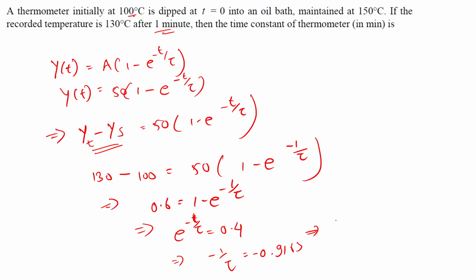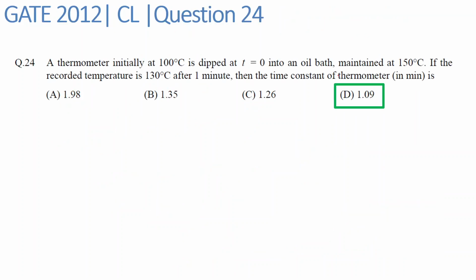So this will give us tau is equal to 1.091 minutes. So the time constant for the thermometer in the given question is 1.091 minutes, and from the given options we can select option D.